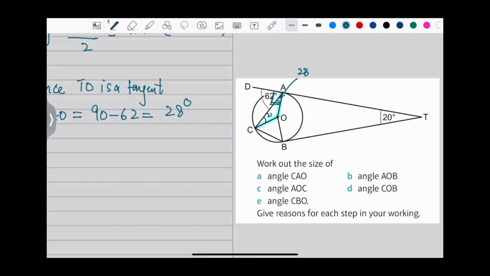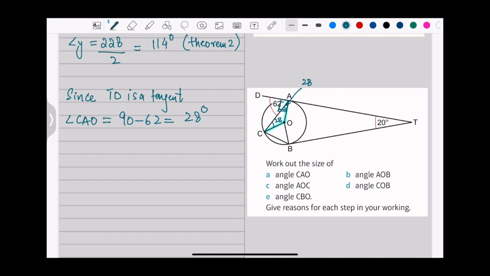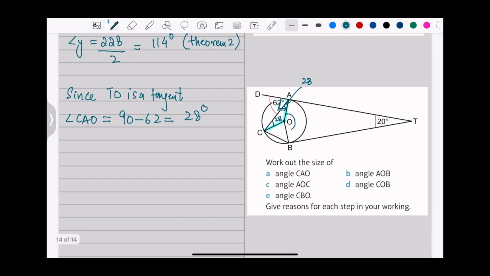Angle AOB is this angle. In order to find this out, let's make a line here and break it. So this angle is 90, the tangent making with this radius.